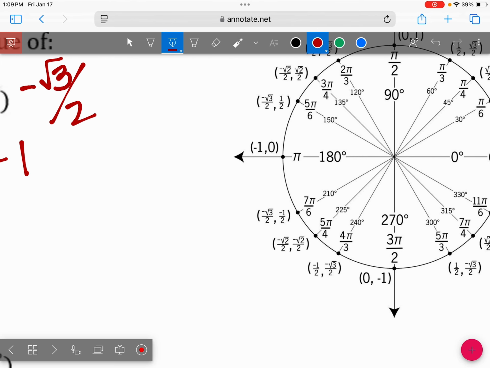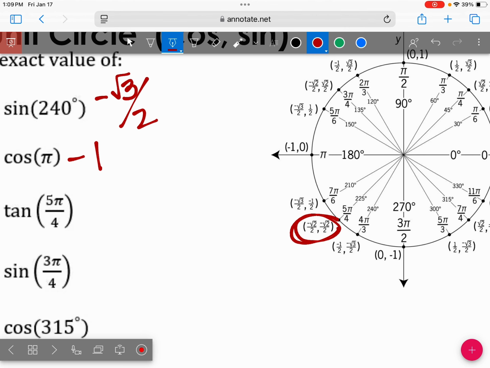Anytime it's one of the over 4s, and we're asking for tangent, it's either 1 or -1. Now we're dividing two numbers that are negative, thank you, Marquand. And when you divide two negatives, it's positive.